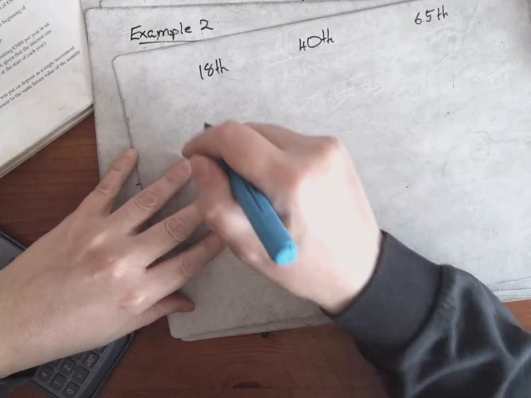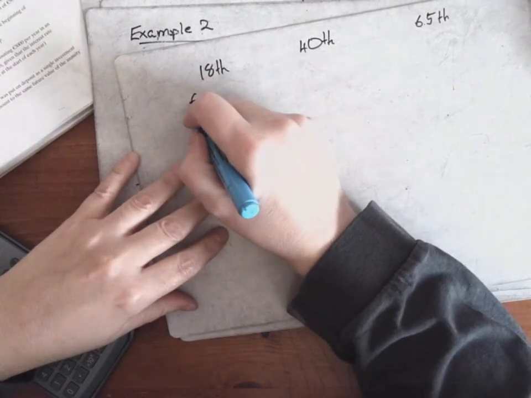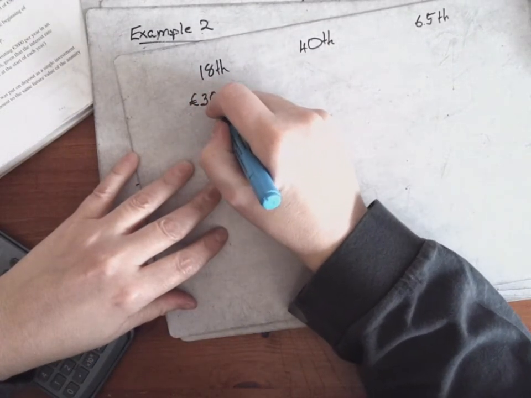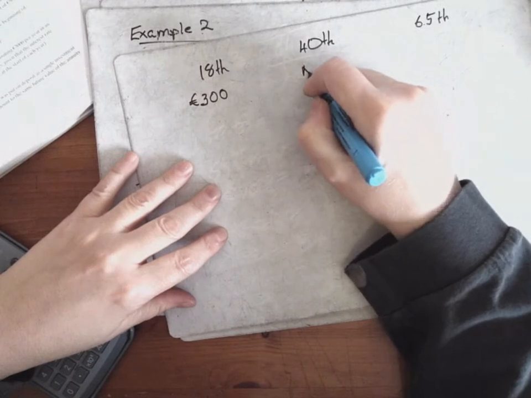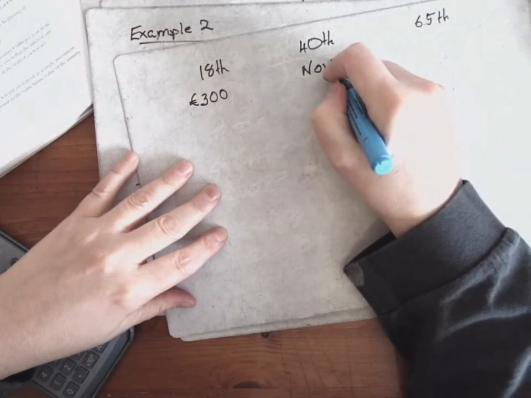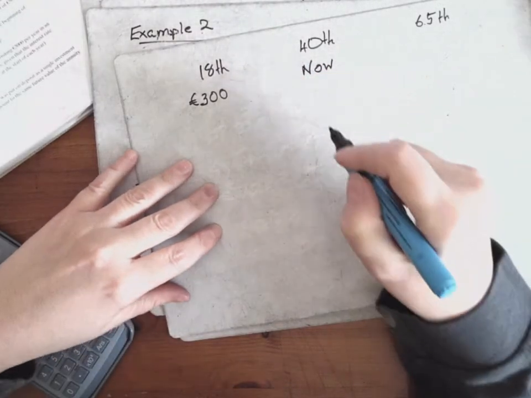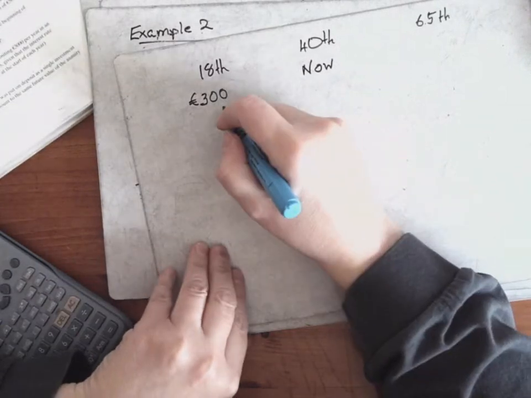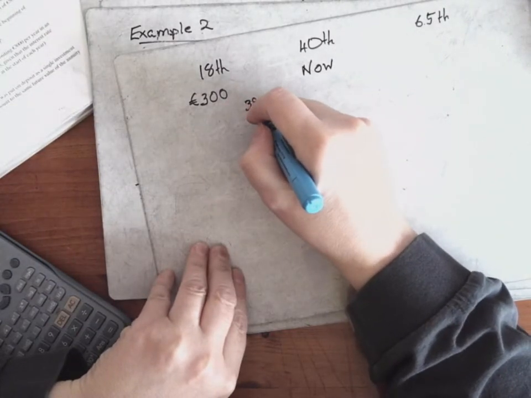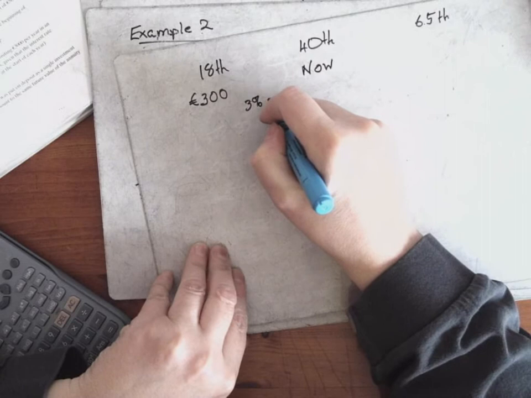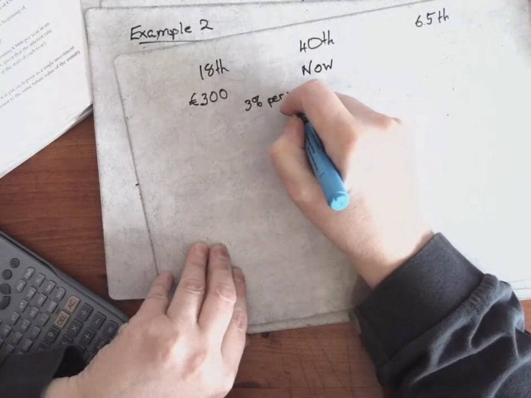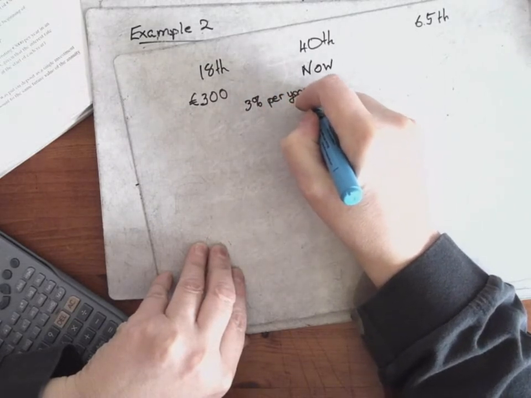So basically, she got 300 euros on her 18th birthday. This is now. So we want to know how much she has now, at 3% per year.